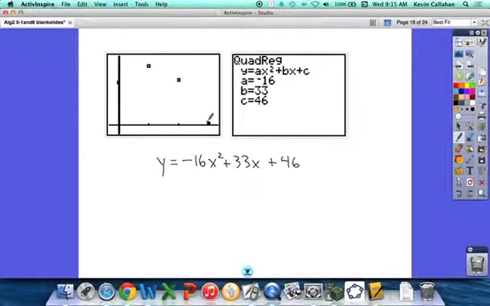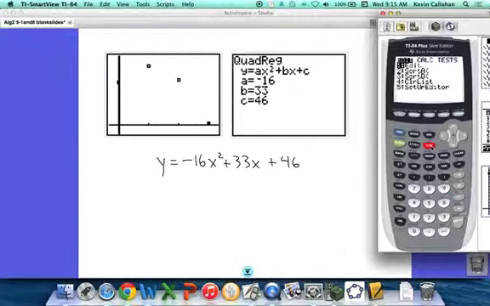So in your calculator, you would go stat, calc, and that's a quadratic, so you hit 5. You should have got that screen right there. The quadratic regression equation now has 3 terms, A, B, and C, and you're supposed to plug in for A, B, and C. So there is the regression equation.